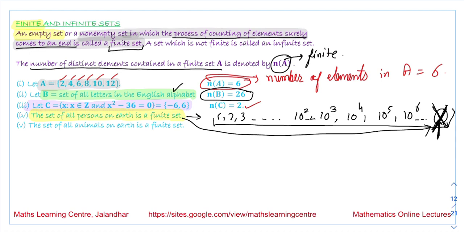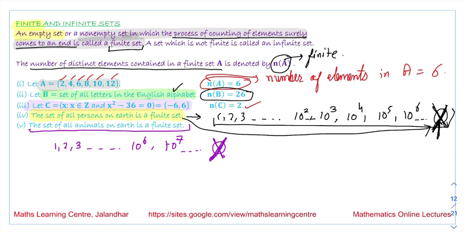Next is the set of all animals on the earth, which is a finite set. Similarly, if we start counting the animals, it is 1, 2, 3, and so on. We may get a large number, say 10 to the power 6, say 10 to the power 7. Some number is over there where the counting will end.